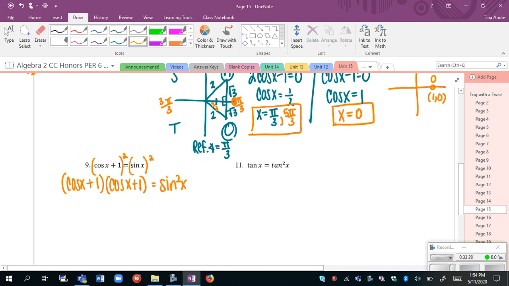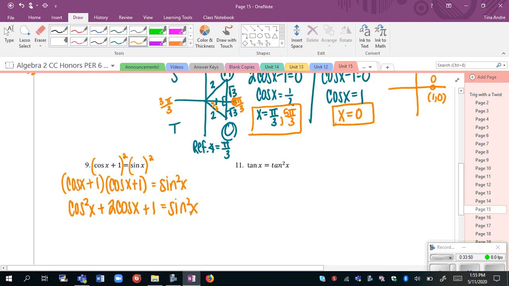Now I'm going to FOIL this out, or double distribute, so I get cosine squared x plus cosine x times cosine x. I'm going to have 2 of those, so 2 cosine x. If you need to write that out, you can. And then plus 1 equals sine squared x.